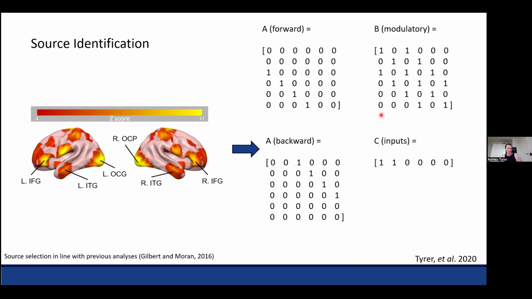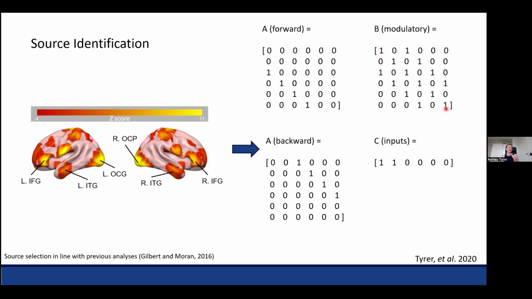Then we also have the B matrix, which is the modulatory connections. So it's very similar to the A matrix, but these connections in the B matrix are defined in a context-dependent manner. So it's how much these connections are modulated by your task condition. For the modulatory connections, I've just identified all of the forward and backward connections I've already defined in the A matrix, and then also self-connections, which are on the diagonal.